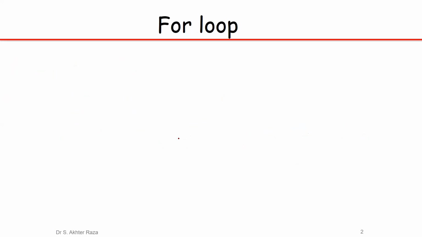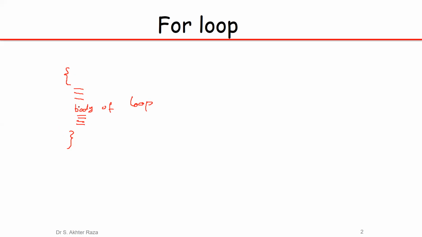Loop means we have a structure like this. This is called the body of the loop. Here we have statements, statement 1, 2, that is known as the body of the loop. Whatever instructions we have in the body of the loop will be repeatedly executed.